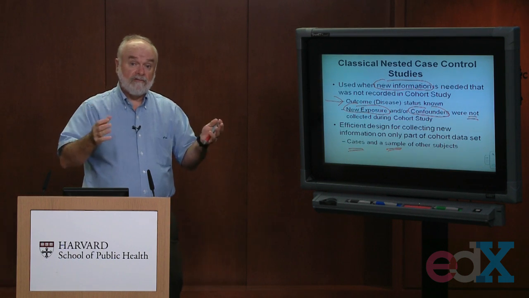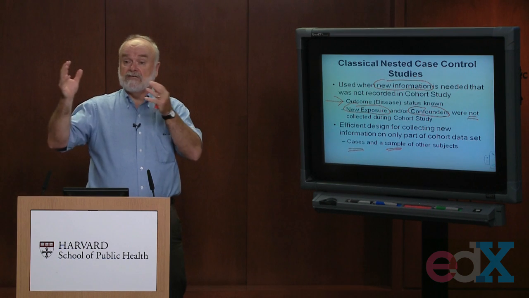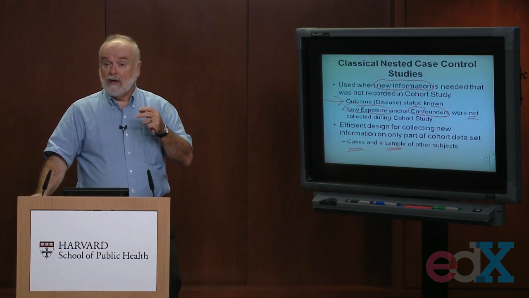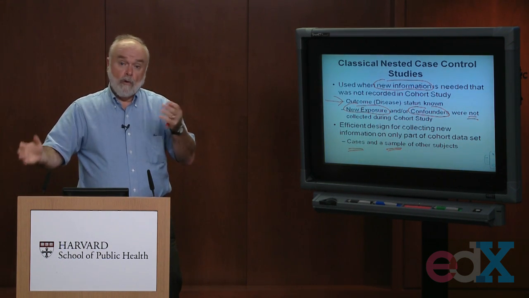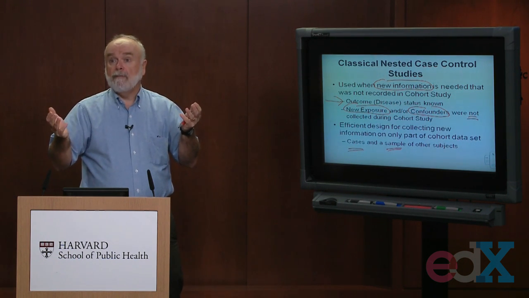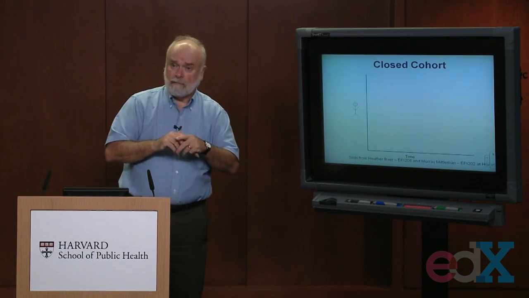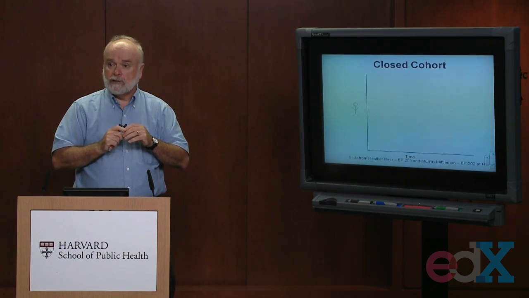So that's the reason we do classical nested case control studies: to collect new information that was not part of the original cohort, to address a new risk factor as the exposure, to answer the question whether that new risk factor causes the outcomes that I saw in my cohort study, or to collect a new piece of information that was not recorded initially that might be an important confounding factor. And I'll give you an example of that in a second, but let me just describe that in terms of a picture.